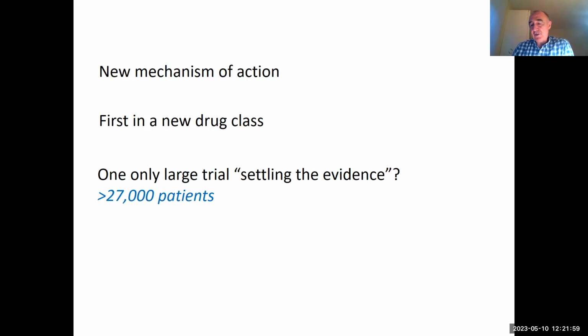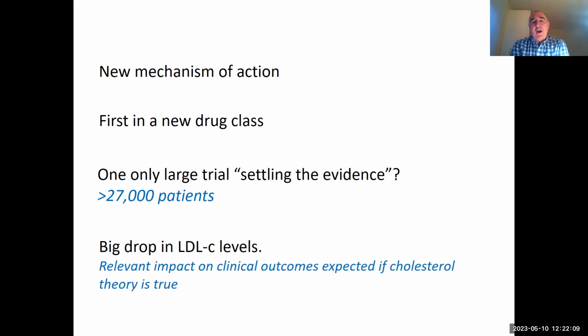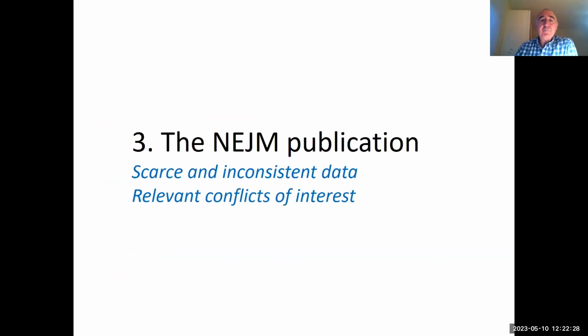And if this trial is distorted, our evidence and our conclusions will also be distorted. And another important reason is that there was such a big drop in cholesterol levels that if we believe in the cholesterol theory, we should expect a huge impact on clinical outcomes out of treating patients with this drug, right?